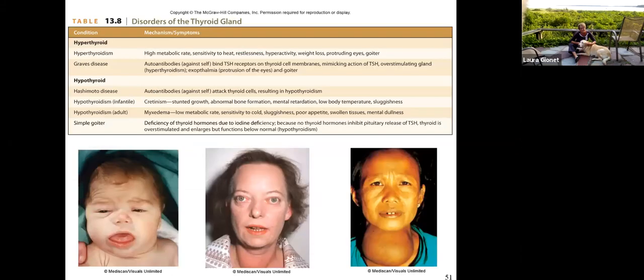This chart shows you some disorders associated with the thyroid gland. I was telling you that the hyper and hyposecretion ones I wanted you to know were Graves' disease, and Hashimoto's disease is the other kind of hypothyroid autoimmune disorder.